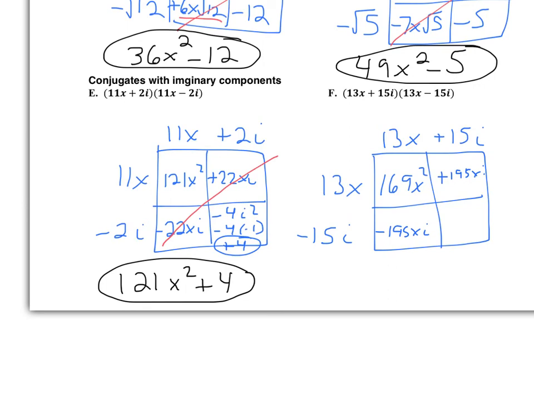And negative 15 times positive 15 is negative 225i squared. And we said that i squared is negative 1. And so we actually have a positive 225. And negative 195xi and positive 195xi add to 0. And we end up with 169x squared plus 225.